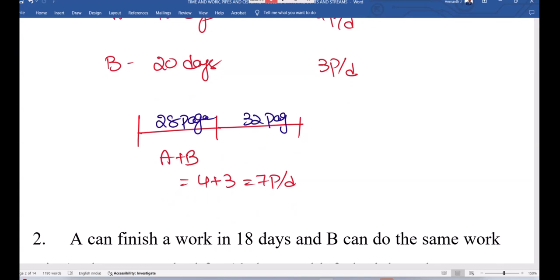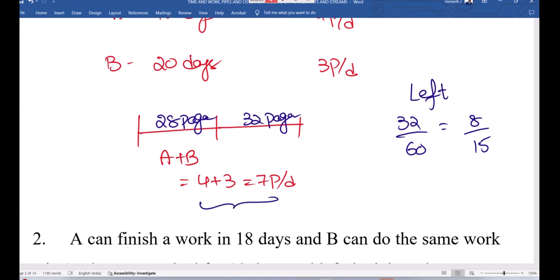So leftover is 32 out of 60, which is 8 by 15. They worked for 4 days. Completed work is 7 by 15, leftover is 8 by 15.